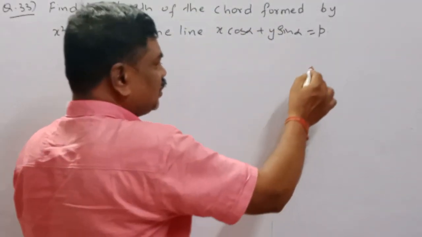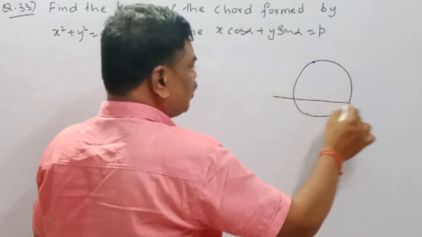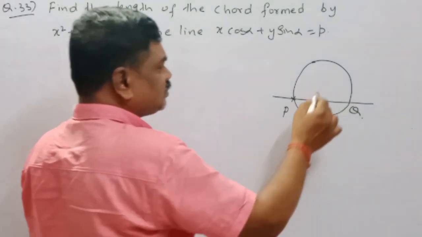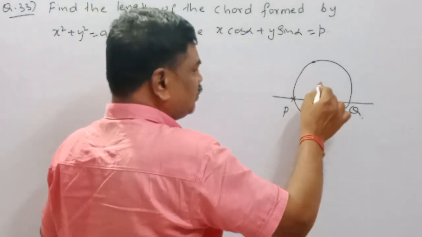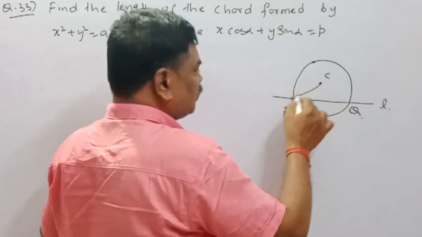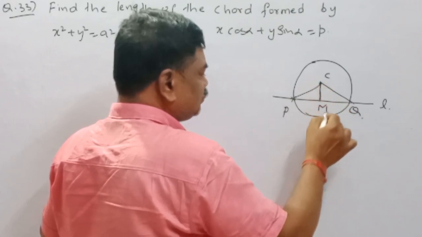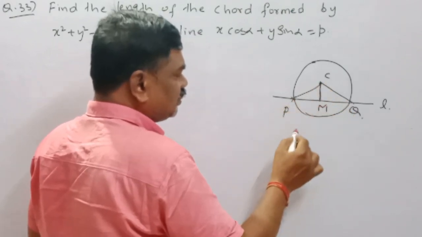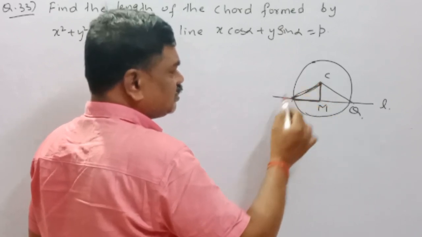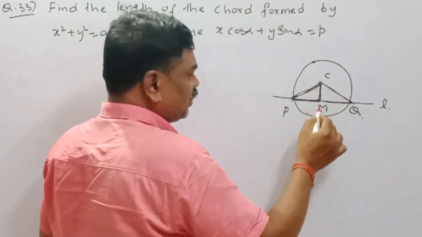So here you see this is the circle and this is the chord PQ. PQ is the chord of the circle, and C is the center of the circle. We have to find CM. This is a right angle triangle, and this is also a right angle triangle.